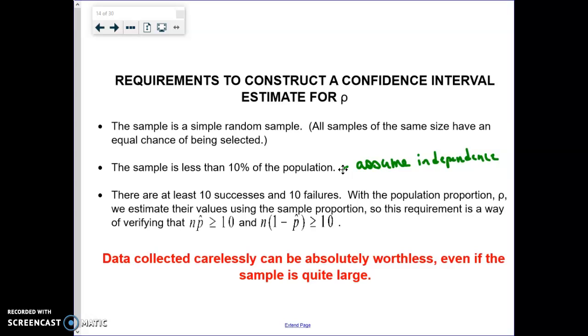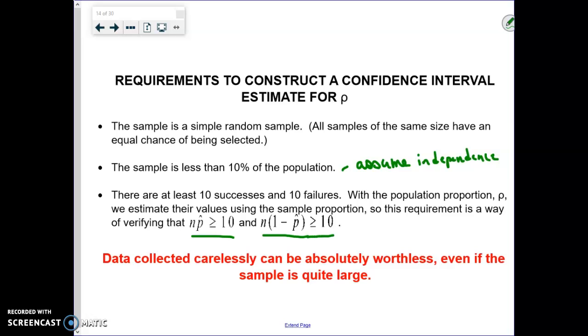With the population proportion, we estimate the values using the sample proportion, so the requirement is a way of verifying that our sample size times p hat, which is the proportion of successes from our sample, has to be larger than or equal to 10, and our sample size times the proportion of failures also has to be larger than or equal to 10.